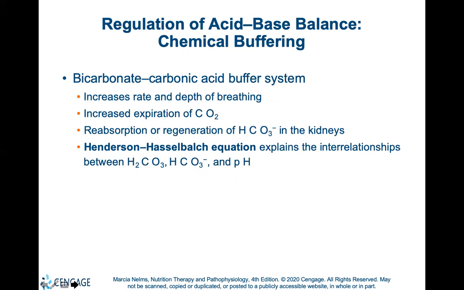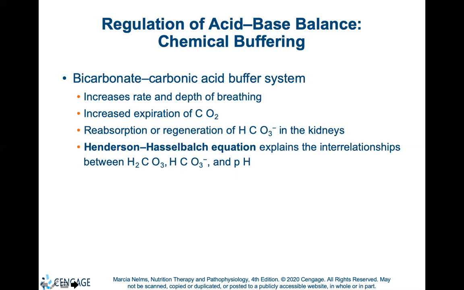A buffer reacts with free hydrogen ions in order to maintain acid-base equilibrium. Effectiveness, or the power, of the particular buffer is determined by its association with a cellular salt and by its overall concentration in the fluid compartment.